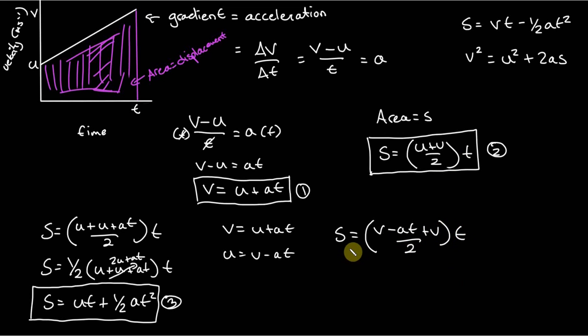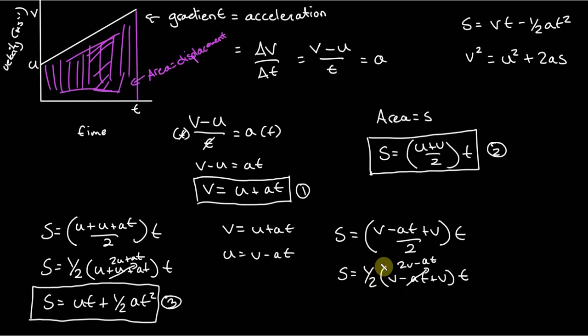And just to make all the steps explicit, I'm just going to pull the 1/2 out front. We have v minus at plus v, times t. And so we have v minus at plus v in the parentheses. Well, we have v plus v, right? We have two v's, so we can simplify this as 2v minus at.